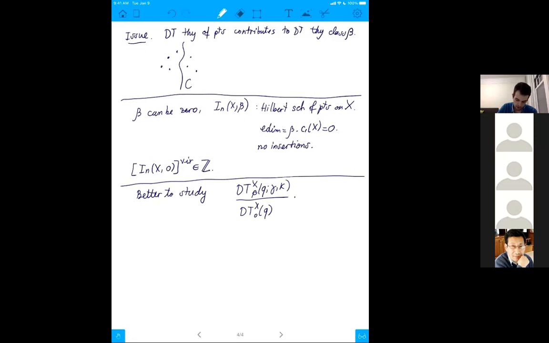So I'll mention what this DT theory of a point is: the product over n greater or equal to 1 of (1 minus q to the n) to the power minus n. So up to this point, this is McMahon's function. It is the generating function of three-dimensional partitions of a natural number n. And we raise it to the power of the Euler characteristic of X.